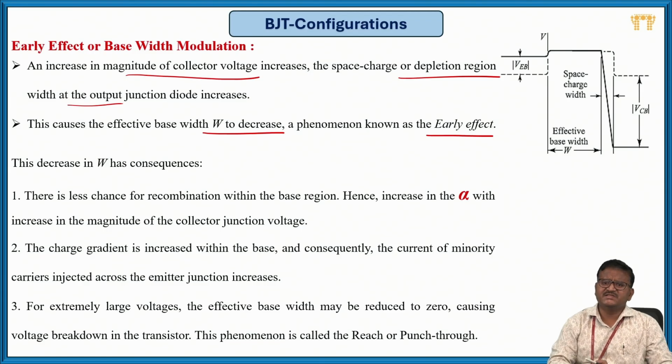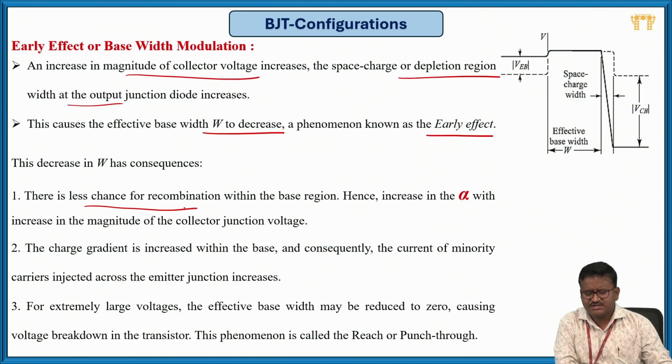This has some consequences. What are the consequences? The first one: there is less chance of recombination. As the width of the base decreases, more charge carriers, the majority charge carriers from the emitter that enter due to the forward biasing of the emitter base junction, enter the base and then the collector.